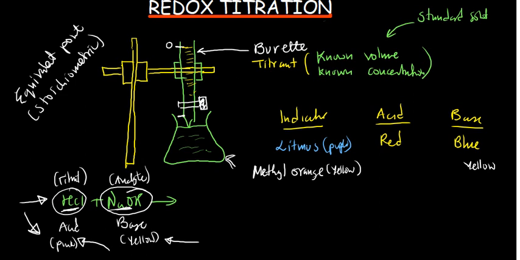For example, it moves from yellow if it is a weak acid, to orange if that acid is a bit strong, and then to red. That means that acid is very strong. So note the color changes. This can be asked.